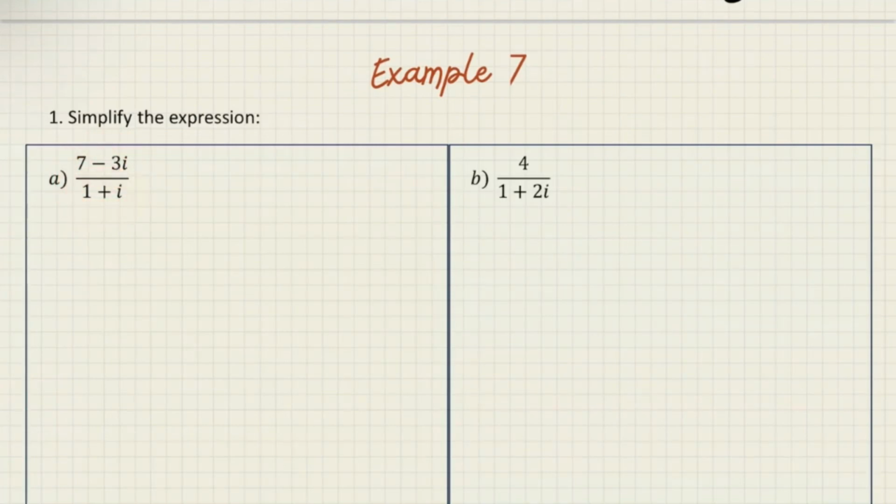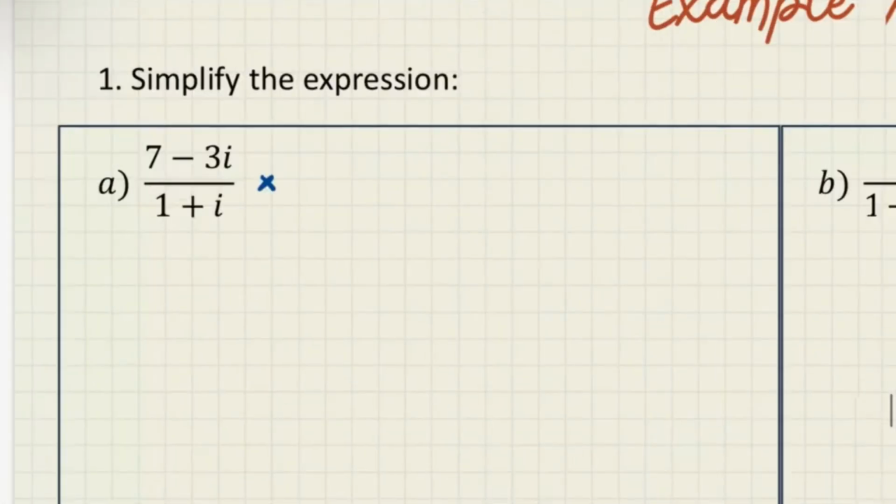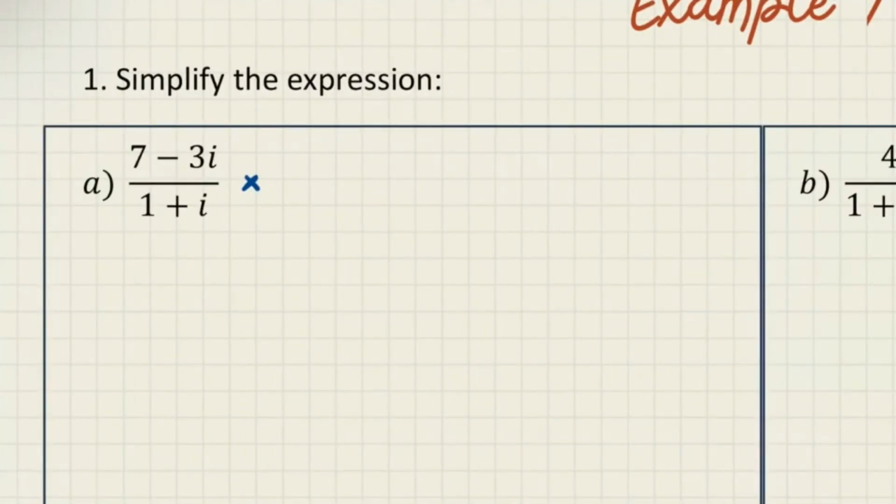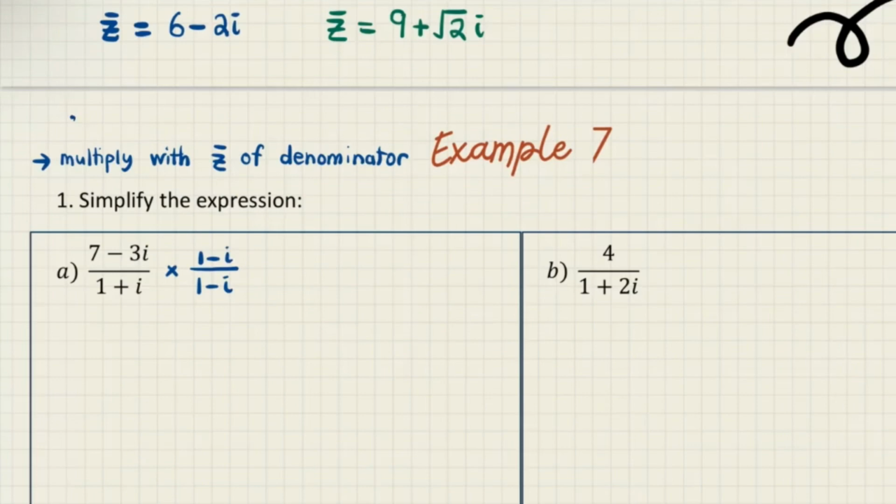Okay, so denominator kita adalah 1 plus I. So, we are going to rationalize dengan darabkan with the conjugate of 1 plus I. So, conjugate kepada 1 plus I adalah 1 minus I. Okay, so kita nak simplify the fractions of complex number.